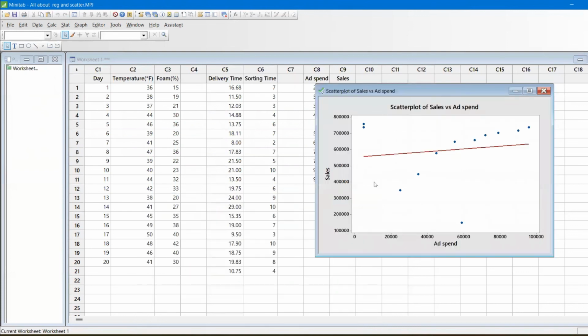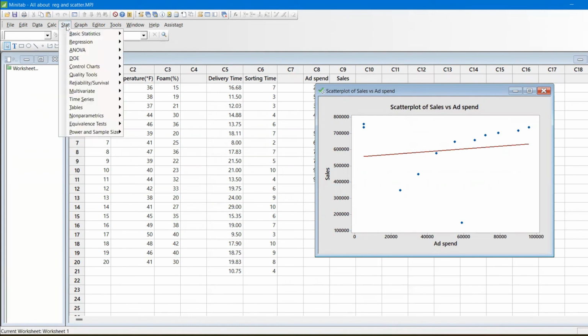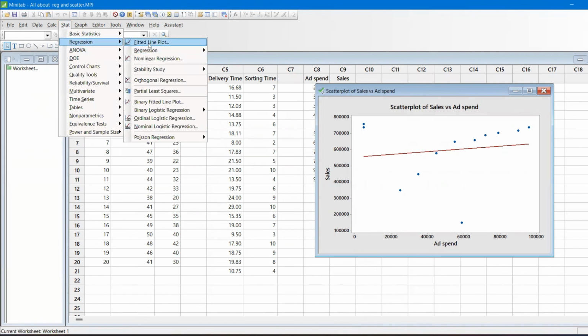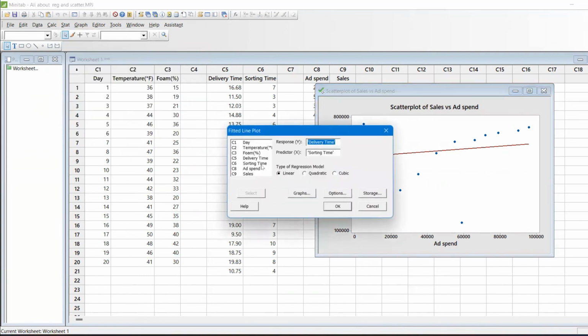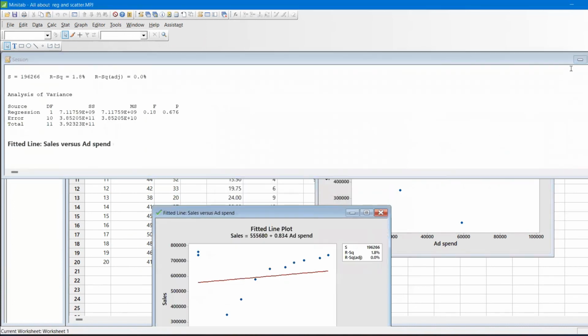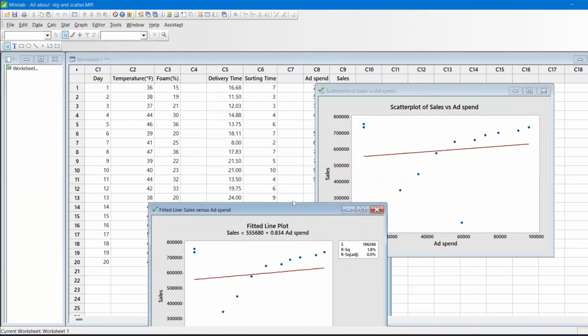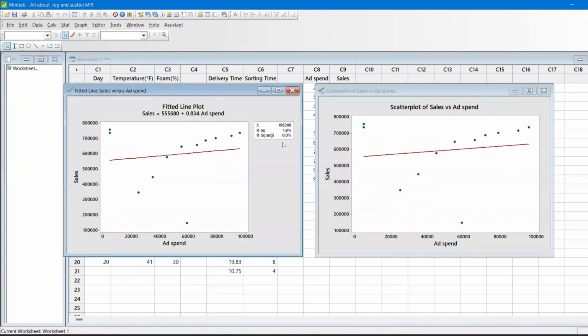You can see here there is no correlation. This is a slope line. Even if you spend a low amount, we also get high sales. Even if you are spending a high amount, we also get high sales, right? So the same thing: Stat, Regression, Fitted Line, and then sales as Y and the input is ad spend. You can find the same graph in both ways, right? So this is no correlation.